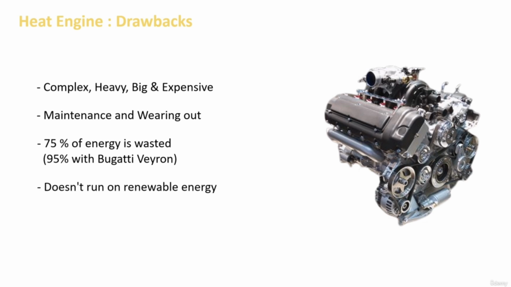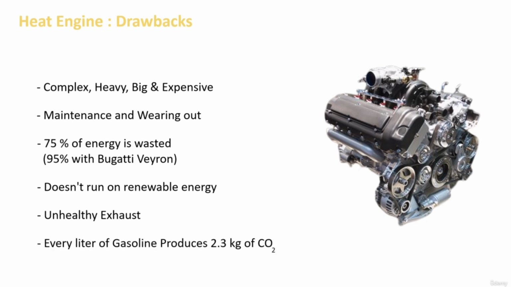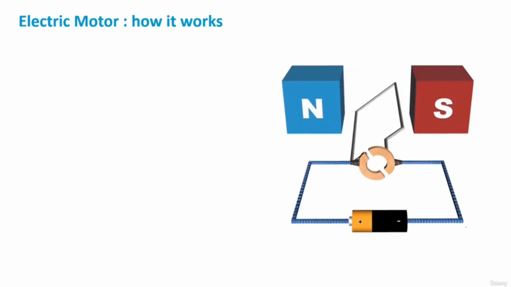For health and climate change, the biggest problem is the exhaust fumes. These fumes are unhealthy, but the biggest problem is that burning 1 liter of gasoline produces 2.3 kilograms of carbon dioxide gas.